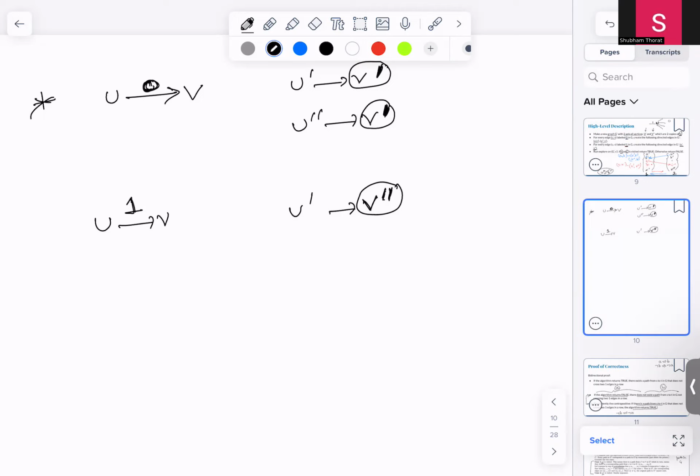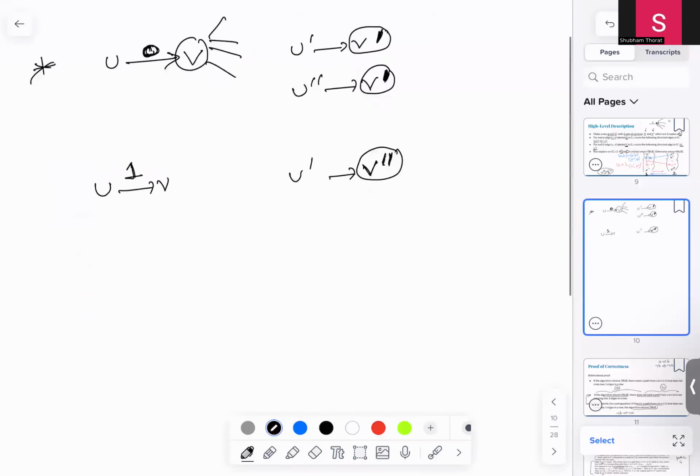Because once you are at V, you can take any vertex possible. Let's say there are these possible options, A, B, C, and D, and some of them are 0, some of them are 1. So you are free to take any of them.